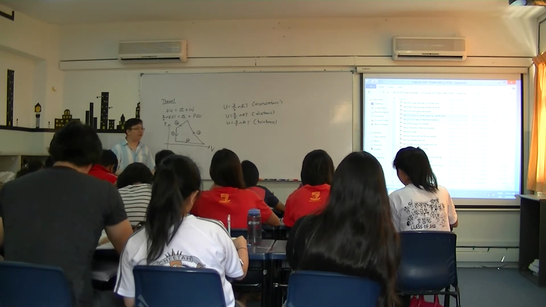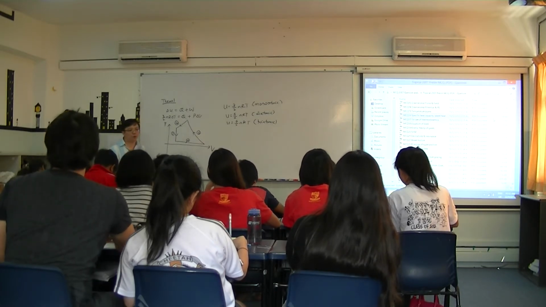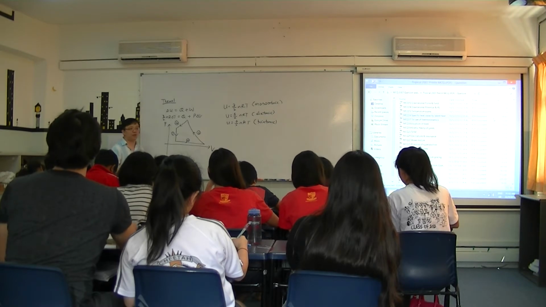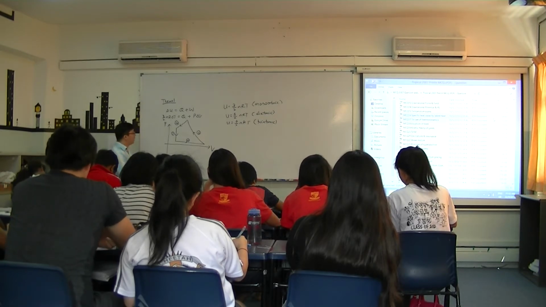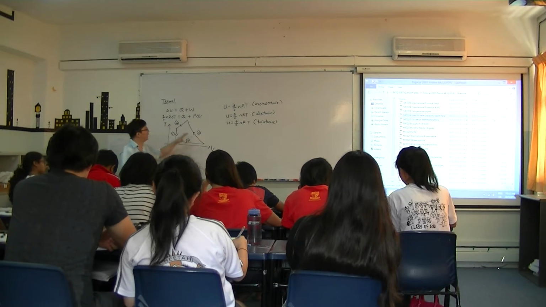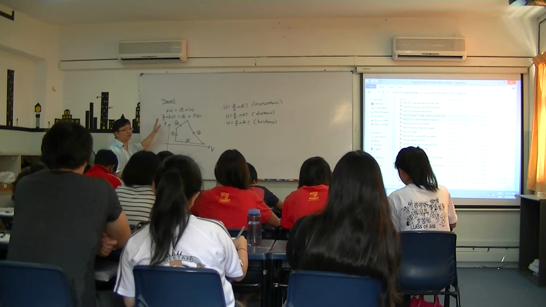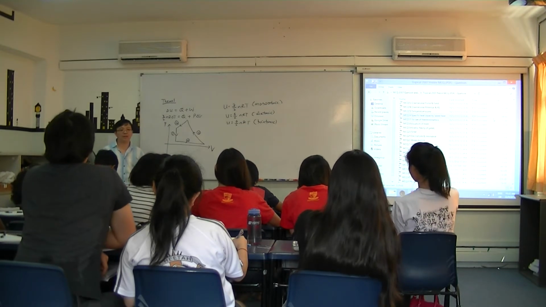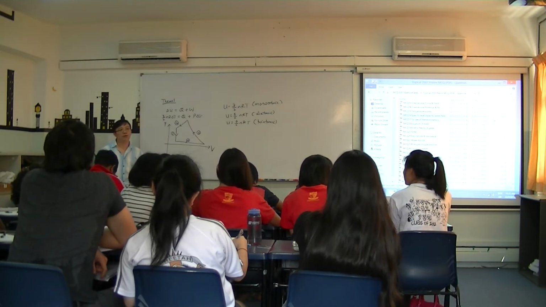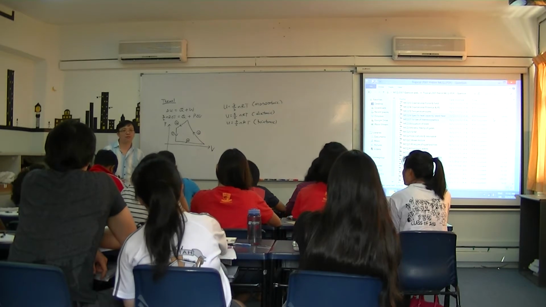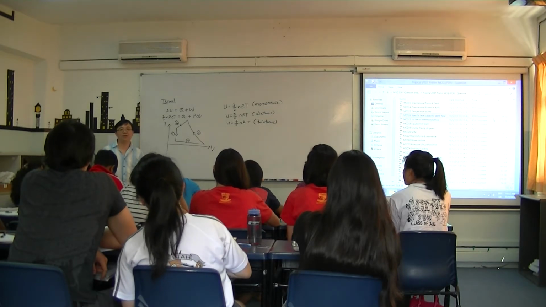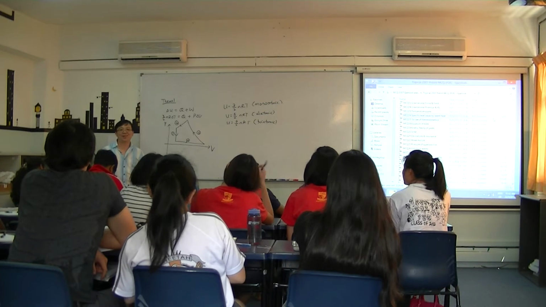Now I want to revive your memory. Some don't know, but don't worry, after this you will know. If you don't know, ask me again. PV graph is the main thing we need to understand for this last part of thermal physics. Because in the past I thought 07, 08, 09, 10 never asked, suddenly they came out again in 11 and 12. So I guess they'll come out again.